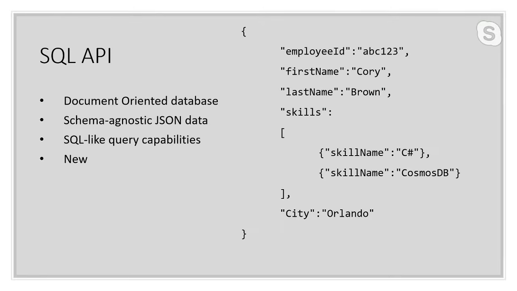So SQL API. The SQL API actually provides SQL query capabilities, and you have JSON style data, as you can see on the right-hand side of the screen. These are schema-agnostic data. So for instance, what you see here is an employee record. The next record I store in here could be a record about a department.